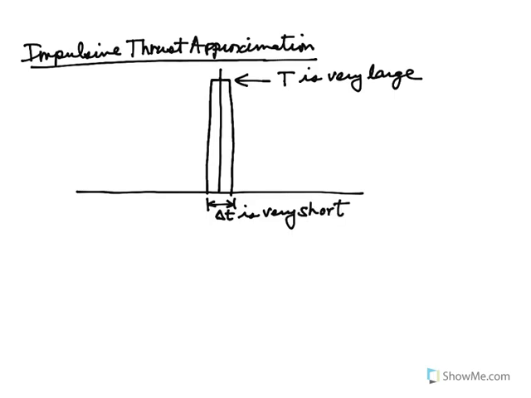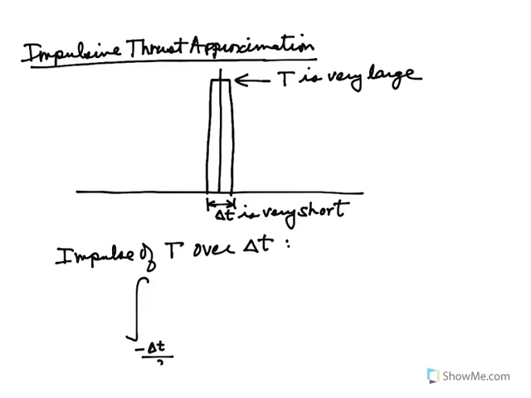So the impulse of the thrust T over delta t is equal to the integral from minus delta t over 2 to delta t over 2 of T dt, which is equal to T times delta t, of course.